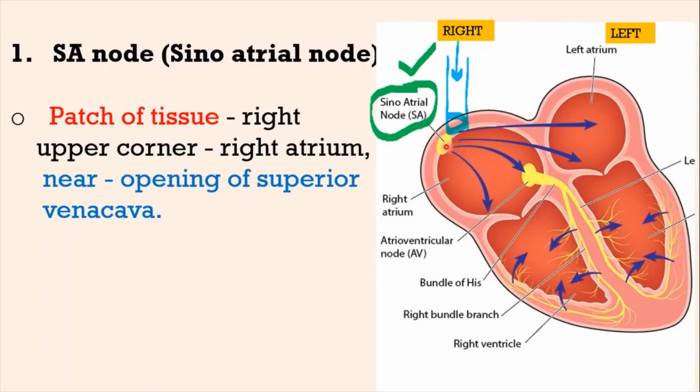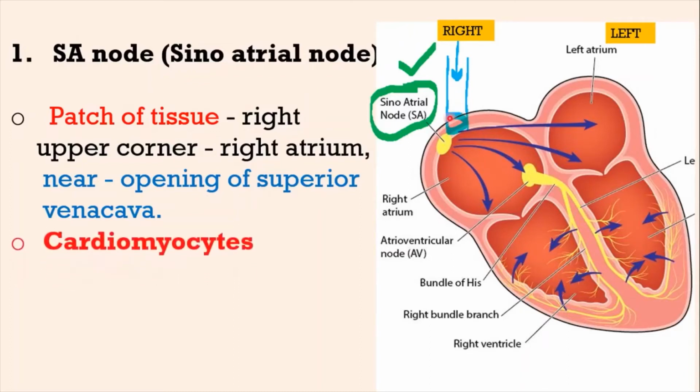So right side of right atrium, upper region at the opening of superior vena cava into right atrium. So sinoatrial node is exactly located at the upper right corner of right atrium near the opening of superior vena cava.